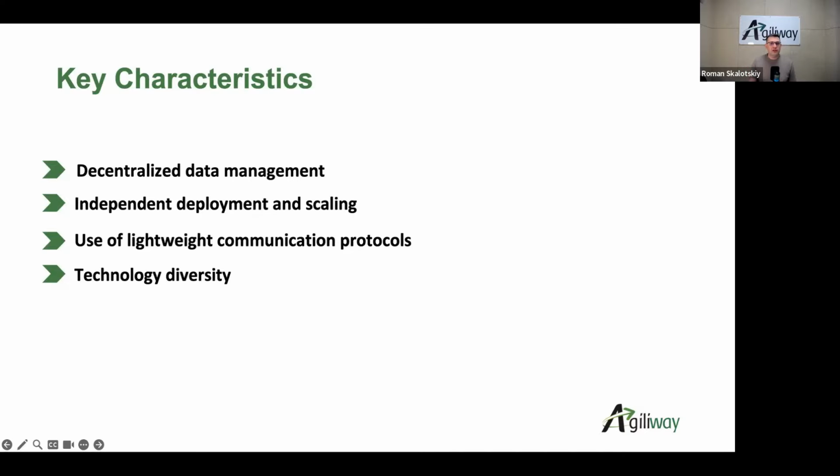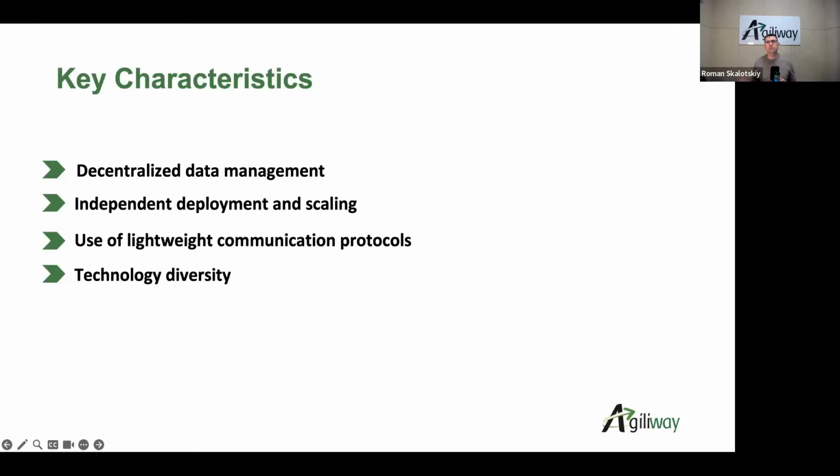Next one is the use of lightweight communication protocols. This architecture relies on lightweight communication protocols to facilitate effective interaction between the services. Unlike a traditional monolithic system where components communicate within a single process, microservices require inter-process communication across distributed environments.